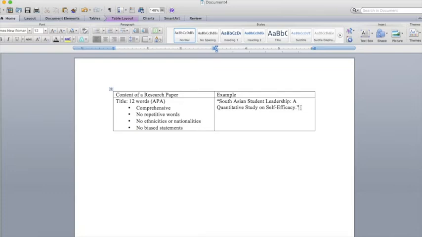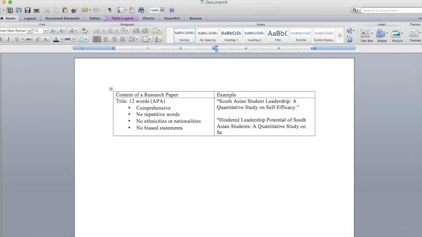Now, the bias statements is something like this. There are some students who make titles like this: Hindered leadership potential of South Asian students, a quantitative study on self-efficacy. Now here's a small problem, because compared to this, the earlier one is very general.